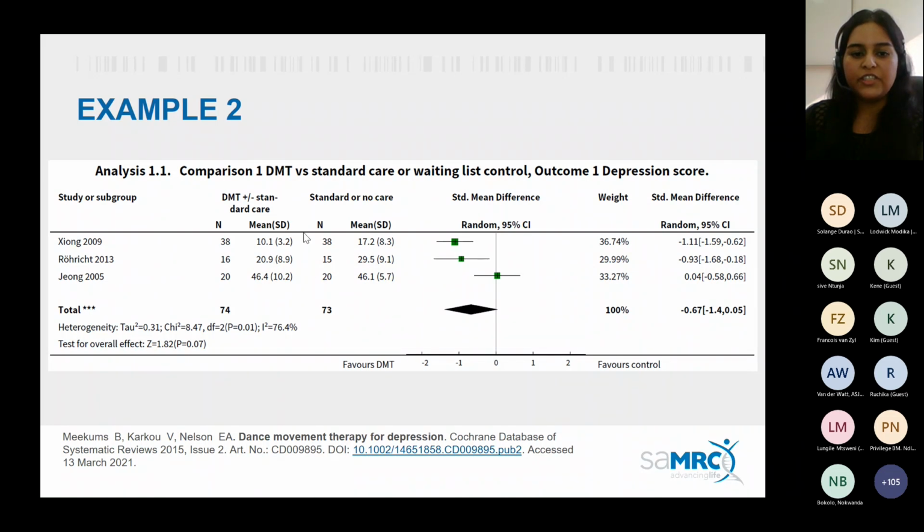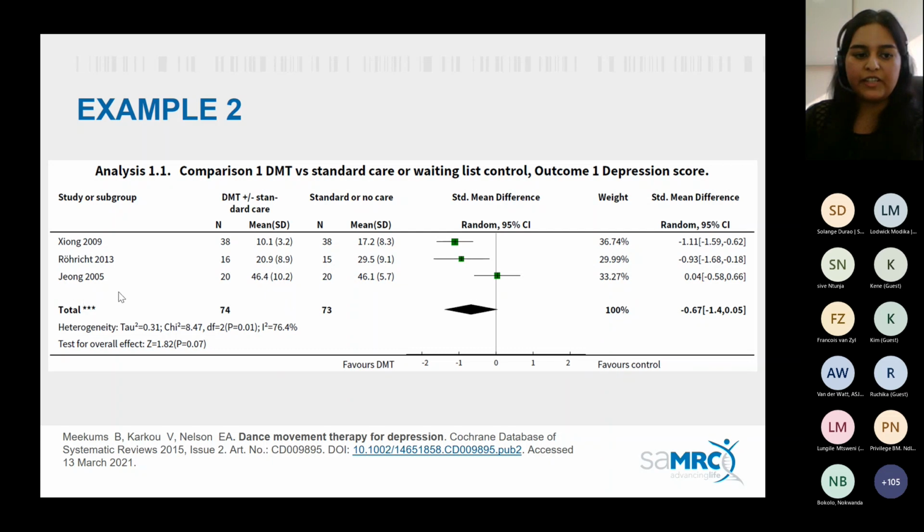If we have a visual inspection of the effect sizes and the confidence intervals, we see that for study 1 and the last study, study 3, the confidence intervals do not overlap, which indicates that there could be heterogeneity amongst these studies.